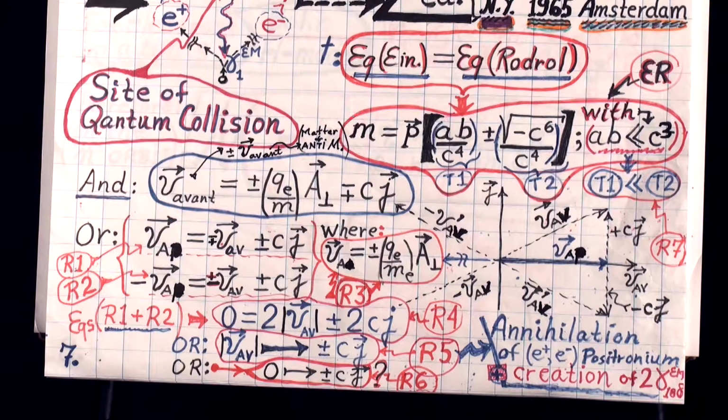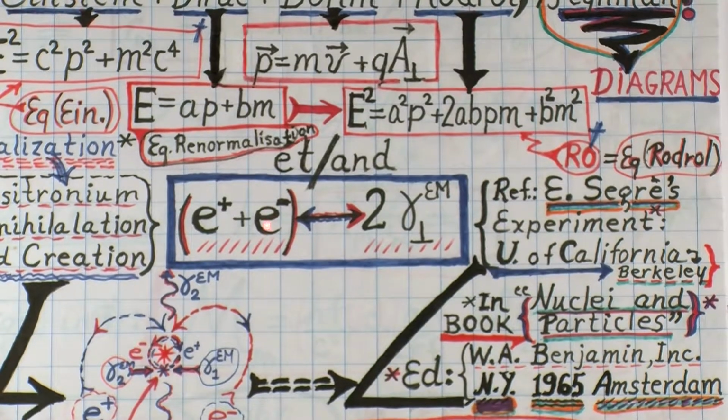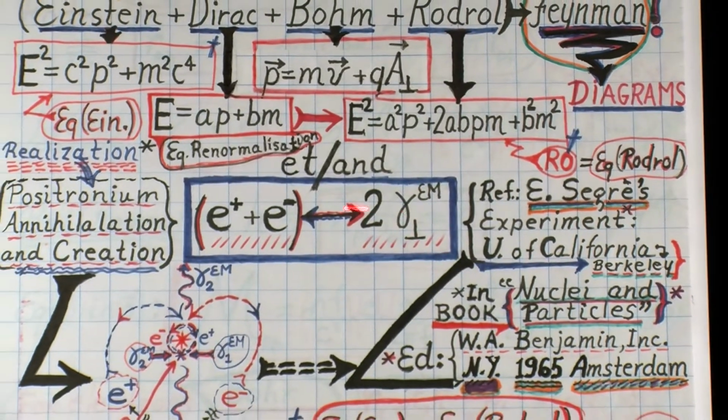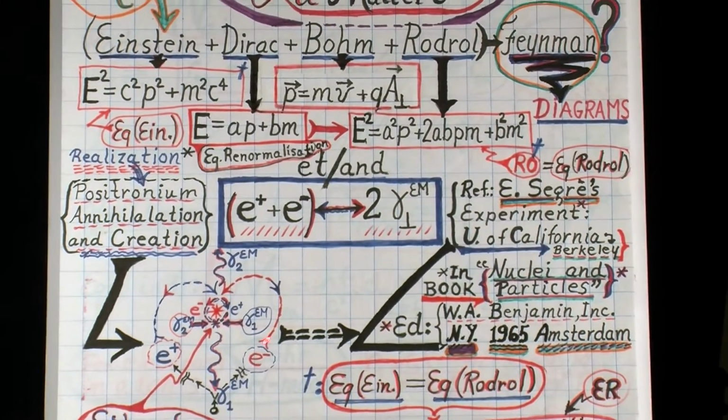of the particle. So here you have a little drawing where you have, for example, the annihilation of what we call positronium, positive and negative electron circulating against one another, which will give two gamma photons if they have enough energy.